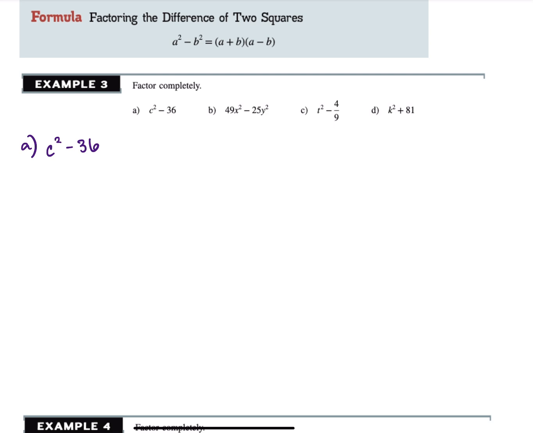Can we write this as the difference of two squared things? C squared, that one's easy. And then 36, that is 6 times 6. So this can be written as c squared minus 6 squared. So that's a difference of two squares, which means we can factor it as c plus 6 times c minus 6.